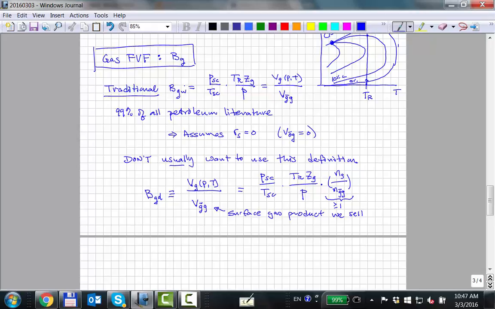It's just convention. So this BGD is always going to be greater than or equal to the traditional BG, which I'm calling now BGW. That's the traditional.